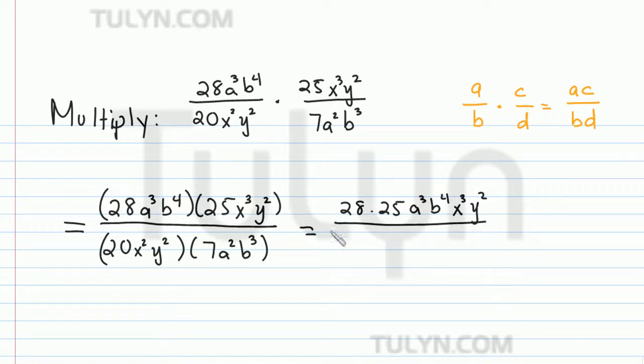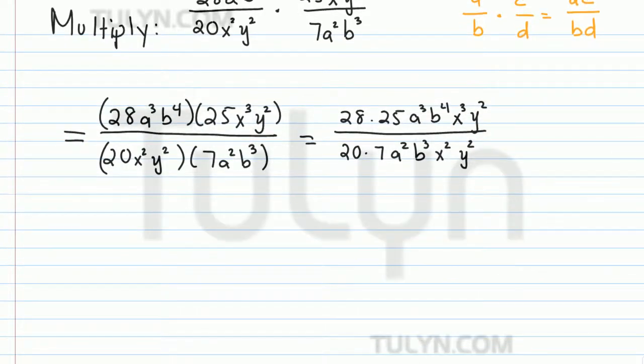And I want to do the same thing with the denominator. So 20 times 7 times a squared times b cubed times x squared times y squared. Now, you can multiply these numbers together, the numerators and the denominators, if you want, but we're going to be factoring things out, so you're actually going to make things more challenging for yourself by doing so.